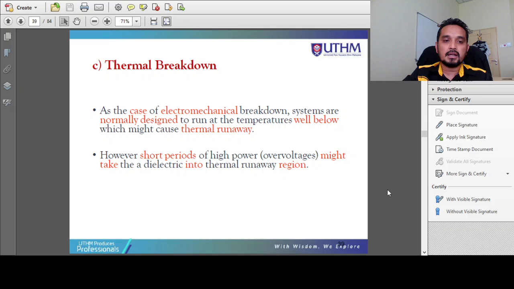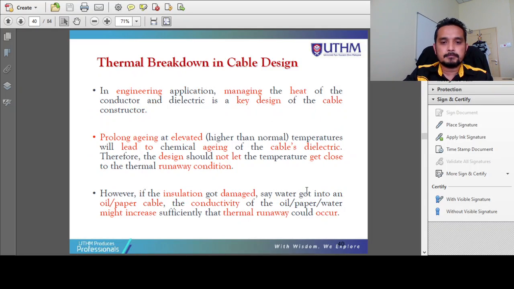Electromechanical breakdown systems are normally designed to run at temperatures well below that at which thermal runaway can occur. So what is thermal runaway?